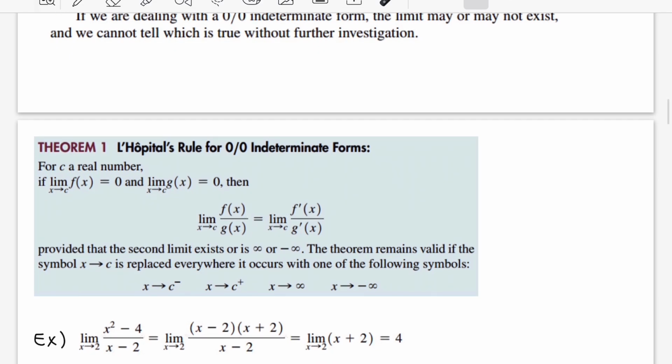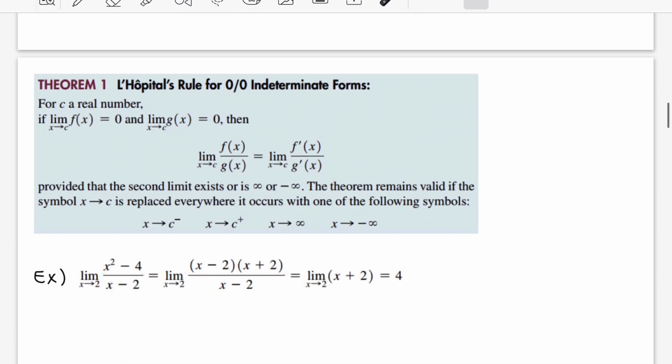Now, for example here, let's say we have this limit. We know that if we were to plug in 2 for x here, we would end up with 0 over 0. So this is currently in indeterminate form. But if we factor this, we're doing an algebraic simplification, right?